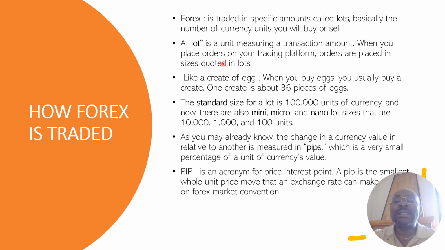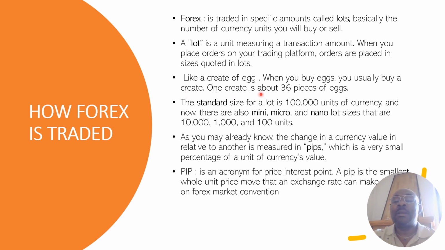A lot is a unit measuring a transaction amount. When you place orders on your trading platform, orders are placed in sizes quoted in lots. Like a crate of eggs, for example. When you buy eggs, you usually buy a crate, right?